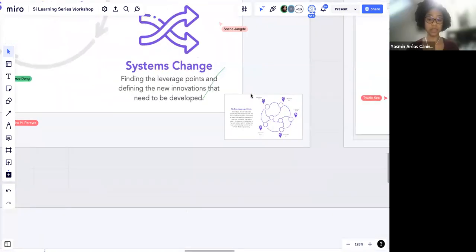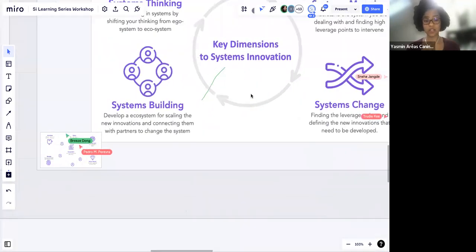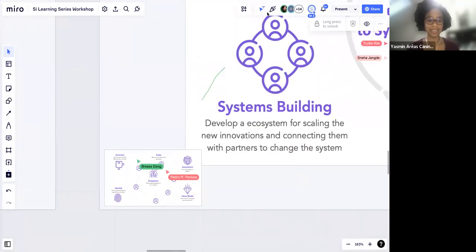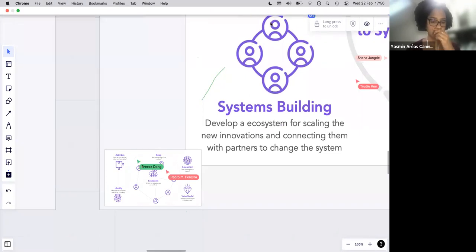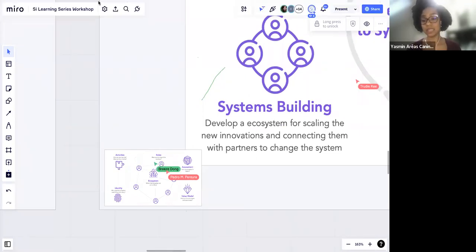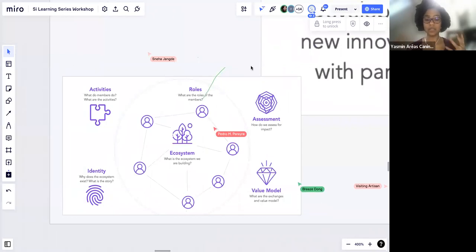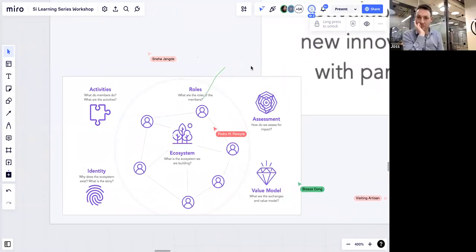Great, yeah. And that leads us to the final key dimension here in the SI methodology, which is systems building. And here, essentially, we want to use all these other aspects that we've covered so far and develop this ecosystem or this platform to grow and scale the new innovations that we have identified before.